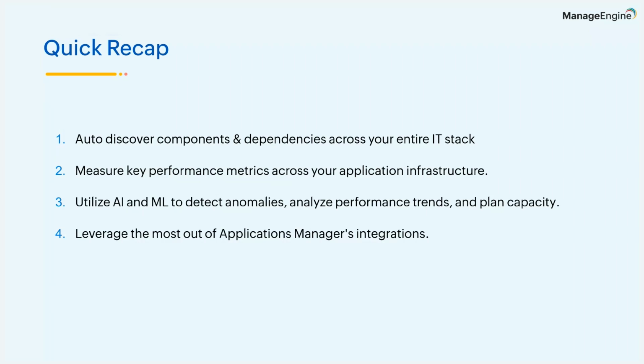Then we saw how you can create machine learning based thresholds to detect anomalies. You can create reports as well as dashboards for better visibility of what's happening in your infrastructure. And then we also took a look at the integrations available in Applications Manager.